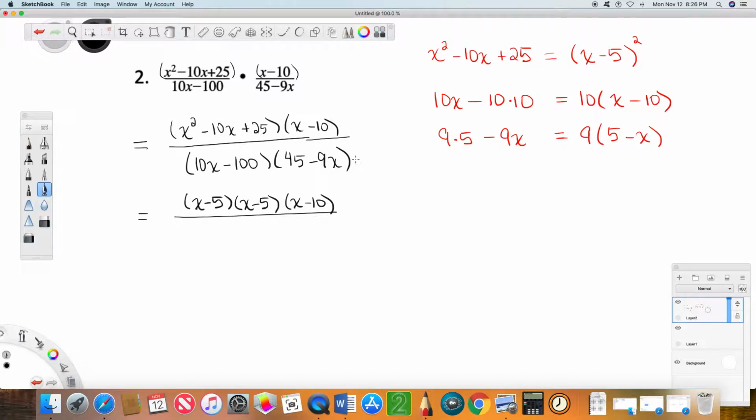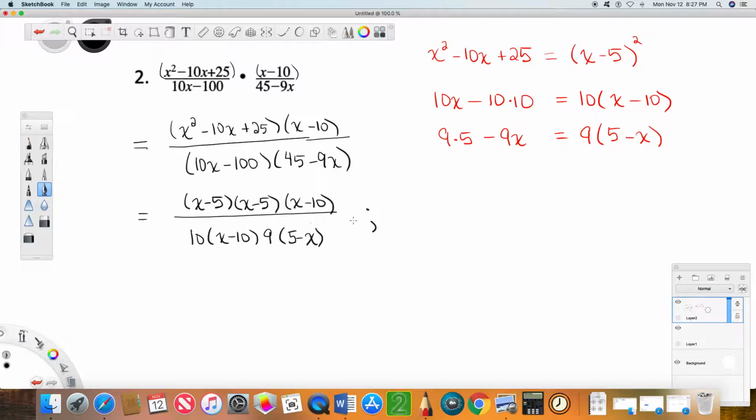And in the denominator here, this 10x minus 100, we said that it factored to 10 times x minus 10. And this 45 minus 9x, that it factored 9 times 5 minus x. All right. So here in factored form, I can see a lot of different things.